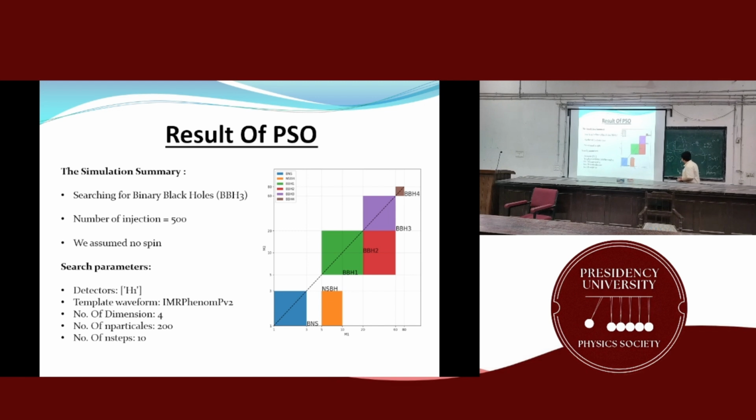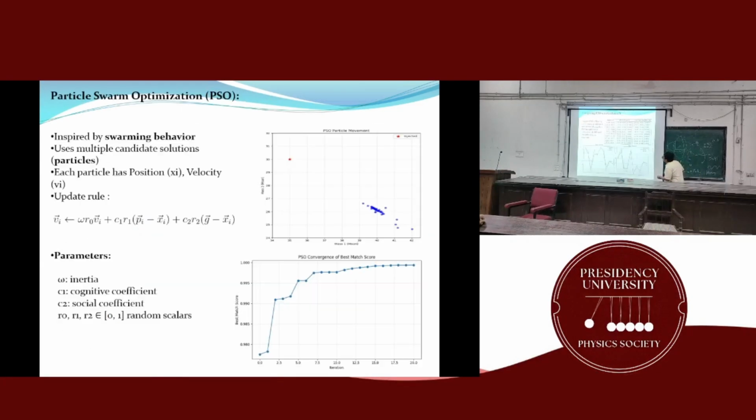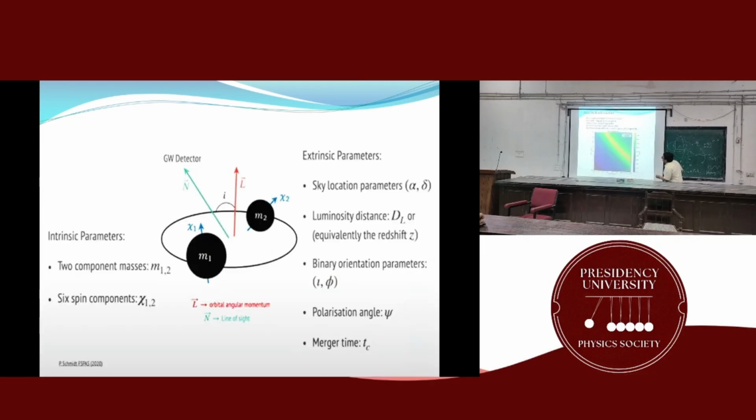We have assumed no spin. By no spin, I mean we have not taken into account all the 6 spins. Like if you see back in this slide, there are 6 spin components, 3 for each binary. So we have only assumed 2.